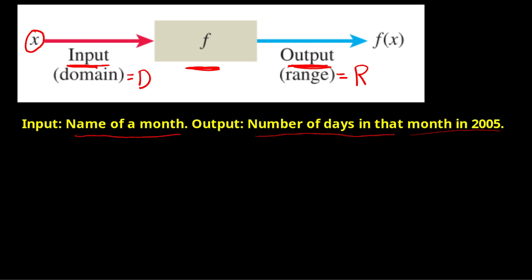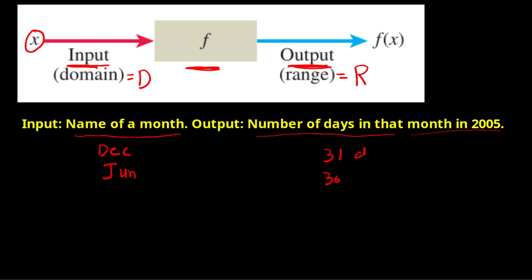Whatever month you put, you will have a single output. For example, let's say you put December, you will have the output value 31 days. If you put June, let's say, you will have a single output value that is 30 days.